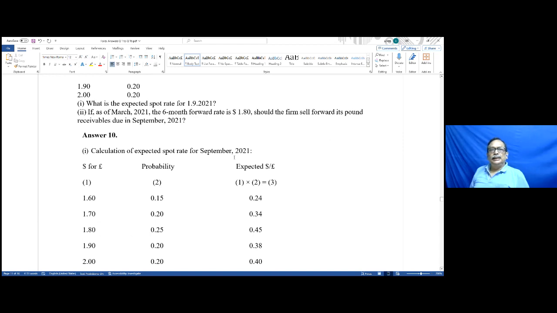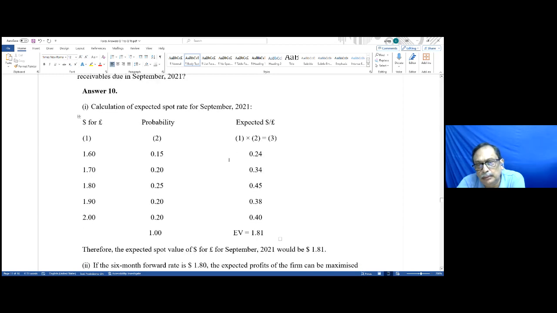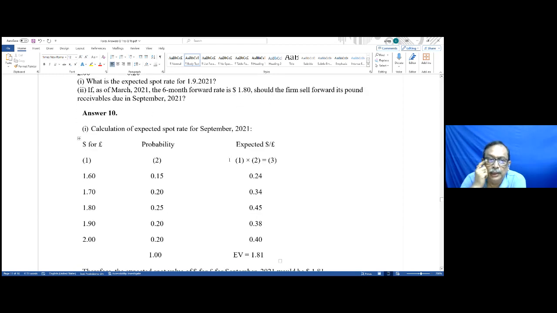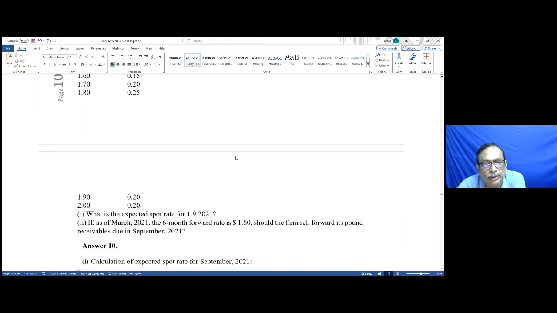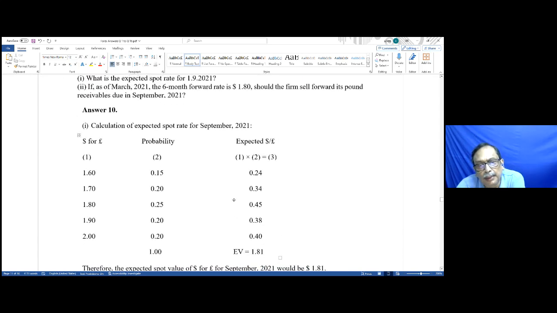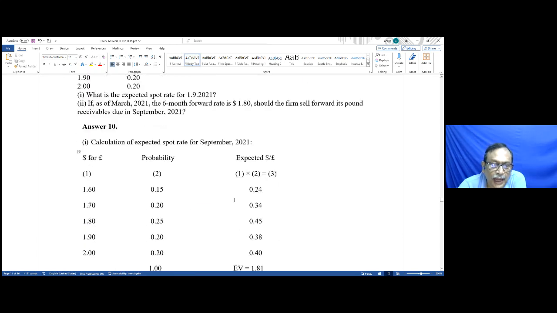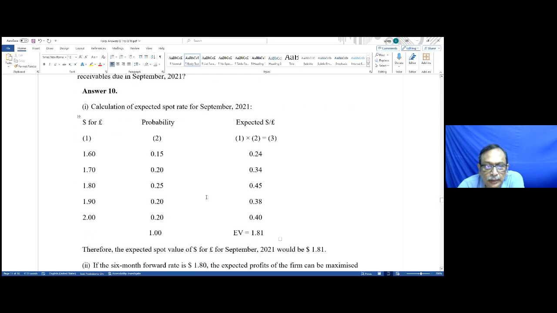Now, the first question is, what is the expected spot rate for 1st September 2021? So we are writing the calculation of expected spot rate for September 2021. Dollar per pound, then probability, then expected dollar per pound. So column 1, 2, and column 3 is equal to 1 into 2. The rates and probabilities provided in the question, we have jotted down.